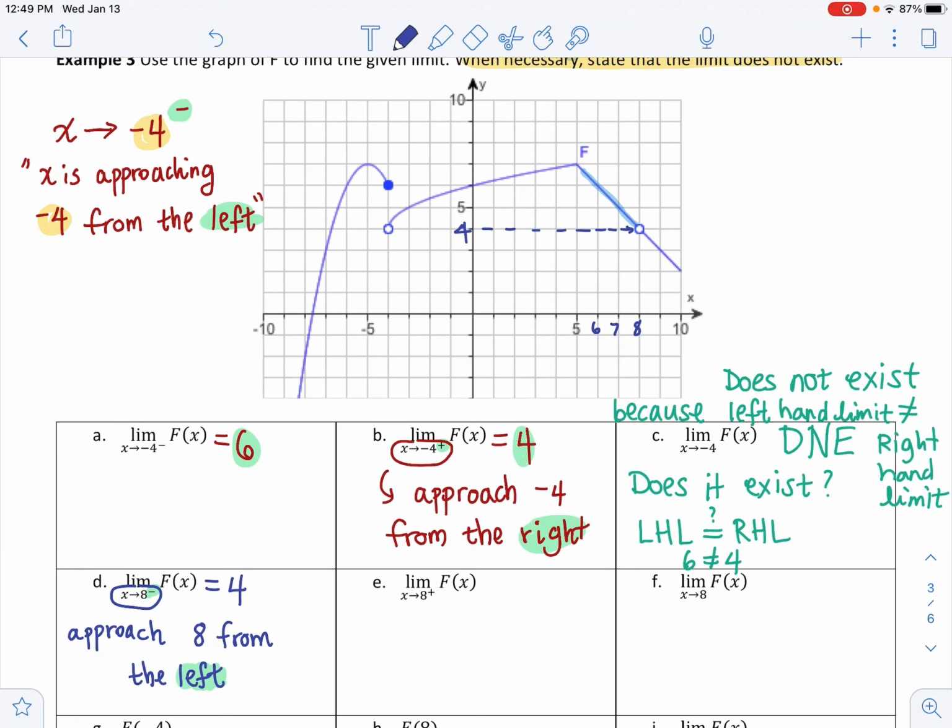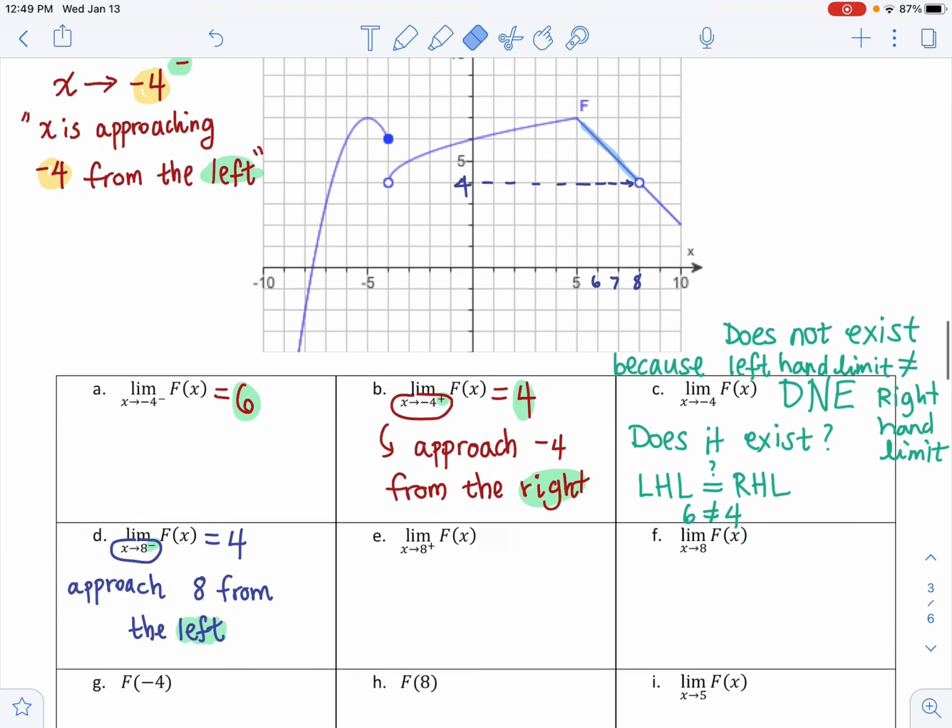The limit is 4. And it doesn't have to be a closed circle. It's approaching. It's never going to get to the y value of 4, but it's getting infinitely close, right? If you look at the y values, it's going from like 4.1 and 4.01, 4.001. You see, it's getting really, really close to the y value of 4. So that's what a limit is. It doesn't really have to go and hit that 4.